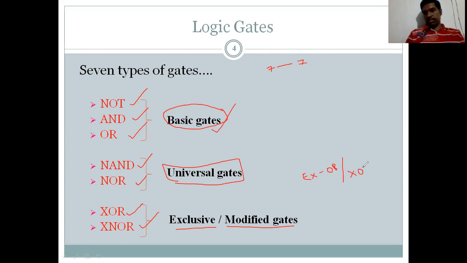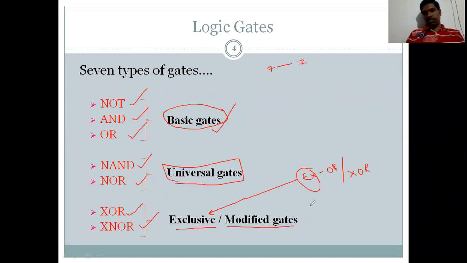Both are the same. You should read it as XOR, where this EX indicates the term exclusive. It is your exclusive.